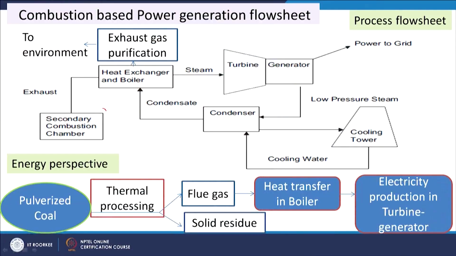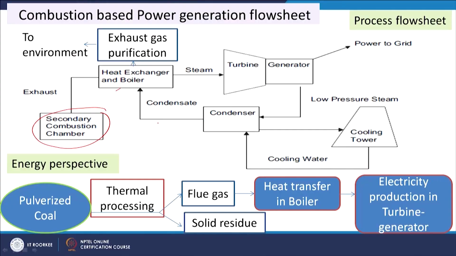Here we have the combustion chamber, from which the flue gas goes into the heat exchanger or boiler. Here combustion takes place, heat is released, and the high temperature flue gas goes to the heat exchanger. Water comes to the heat exchanger and forms steam.